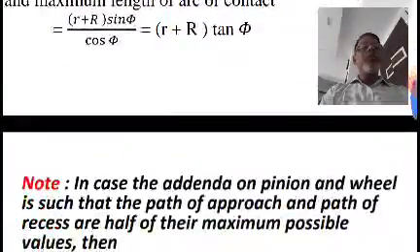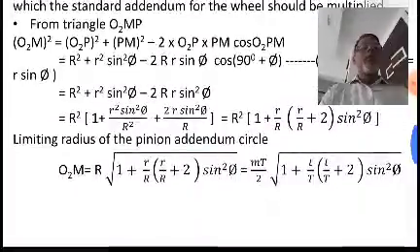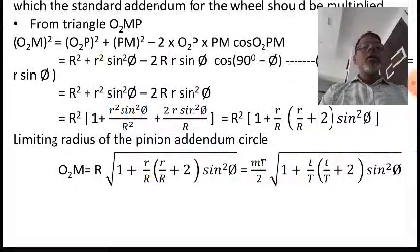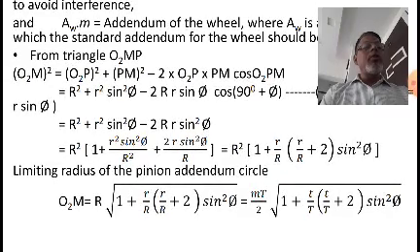And again if you substitute the values of these, then you will get this equation. Now see, ultimately for this limiting radius O2M you are getting capital R inside the under root sign 1 plus small r divided by capital R, inside the bracket small r divided by capital R plus 2 sin square phi, and capital R we know is m into capital T divided by 2. So you can substitute here.